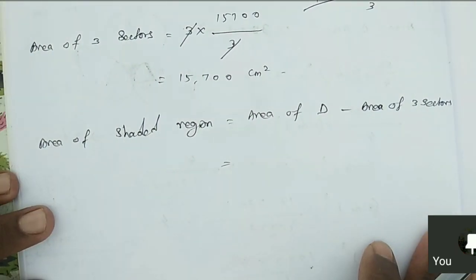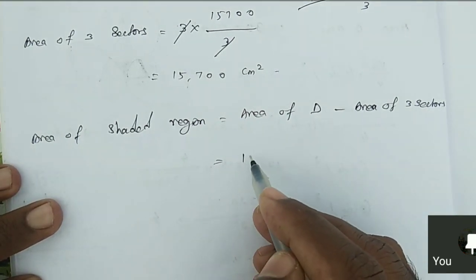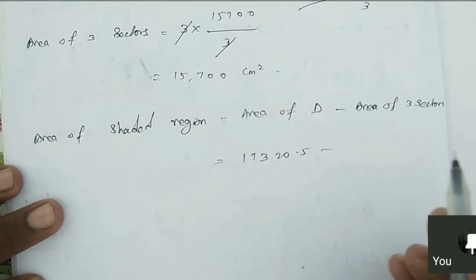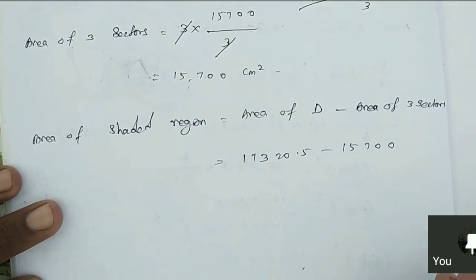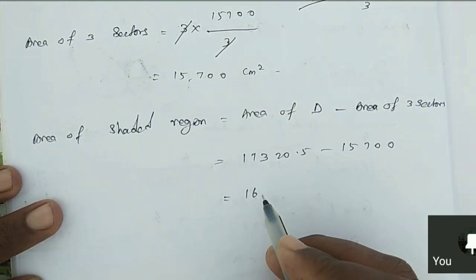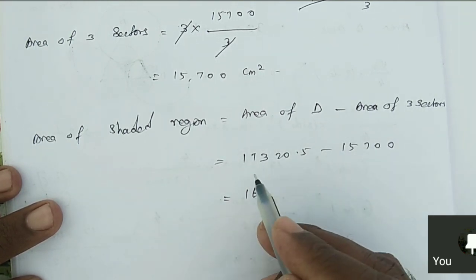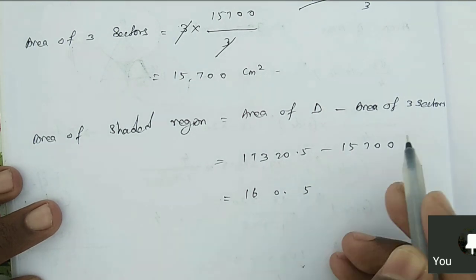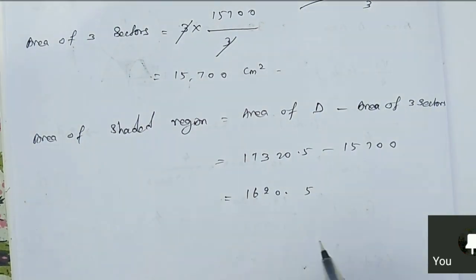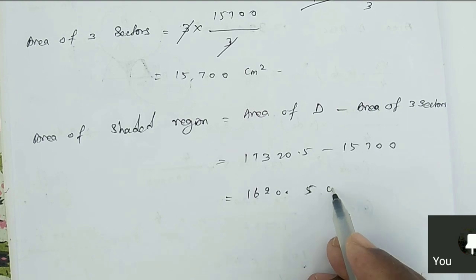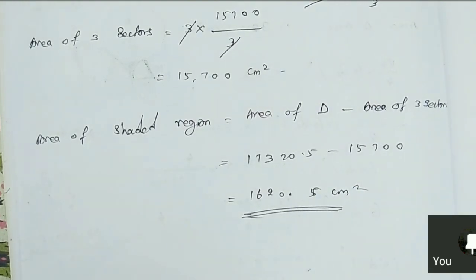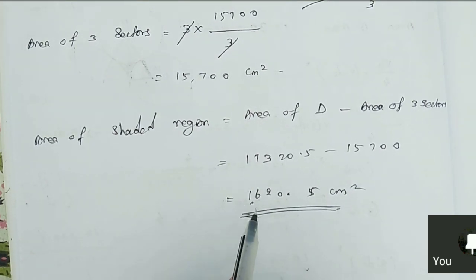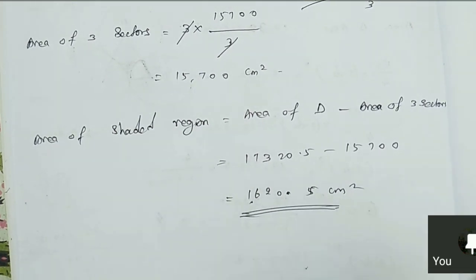What is the area of a triangle? 17,320.5 minus 15,700. So what is the answer? Sorry, you can subtract it. 0.5 here, 20. Then here 2. So 1,620.5 centimeters squared. Are you all clear?